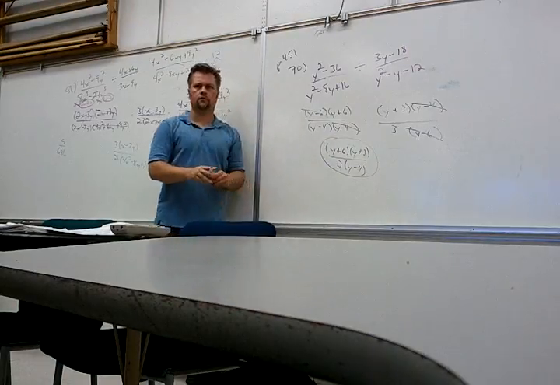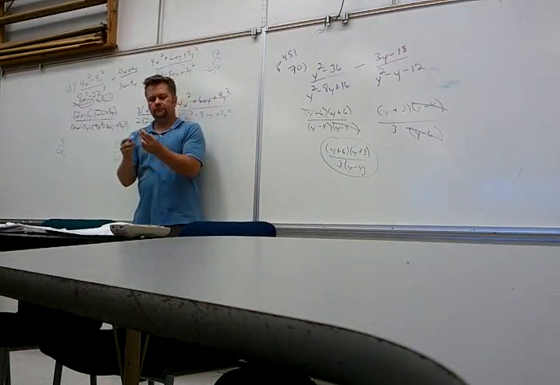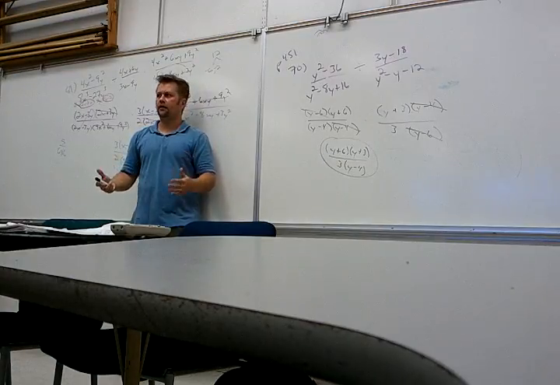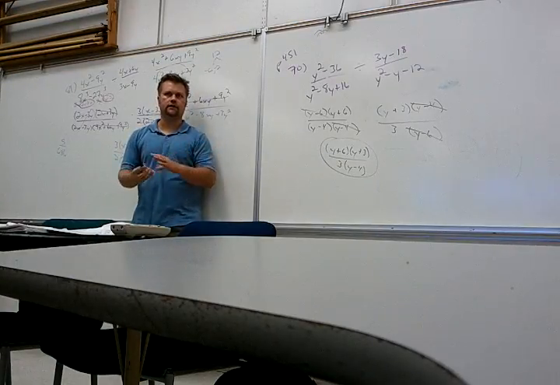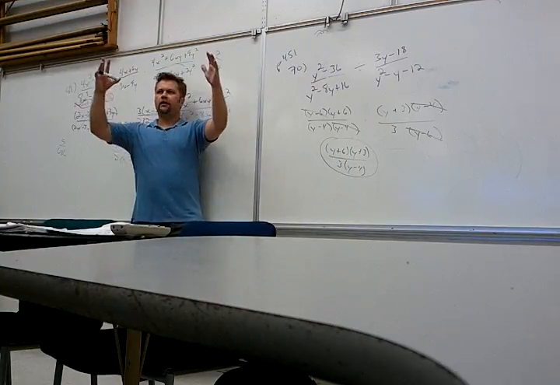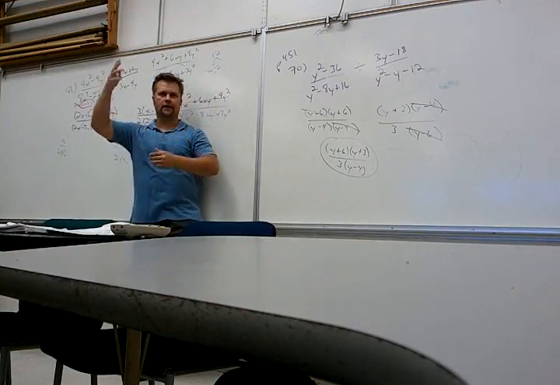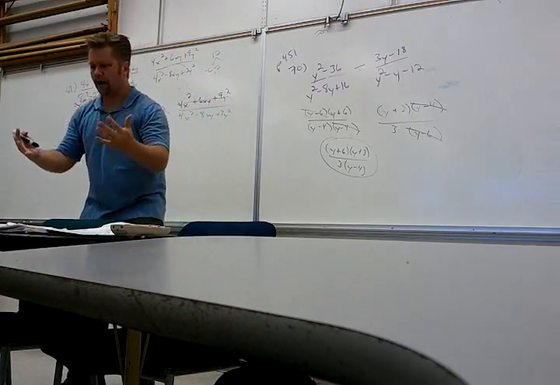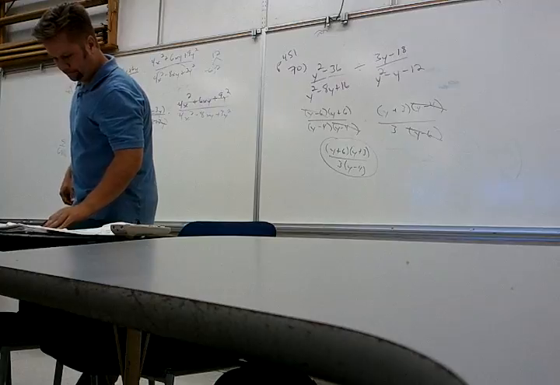Sometimes a lot will cancel. Sometimes barely anything or nothing will cancel. You're going to see it all in the homework. I like to do a problem where almost everything dies. It's kind of satisfying. You're left with y or something.